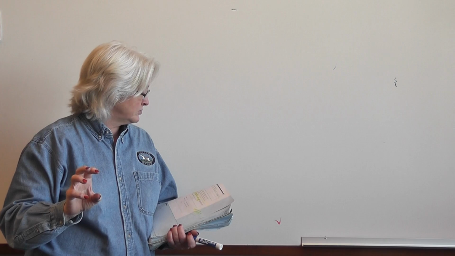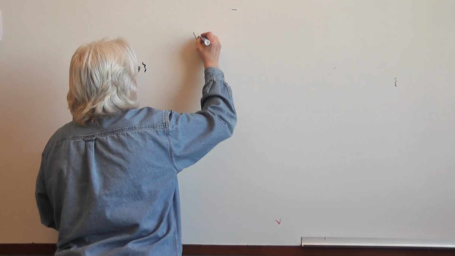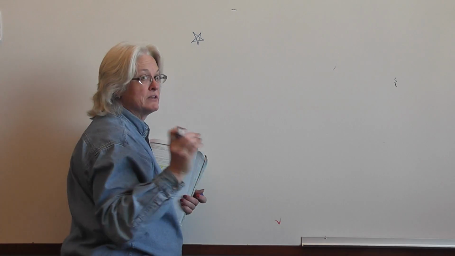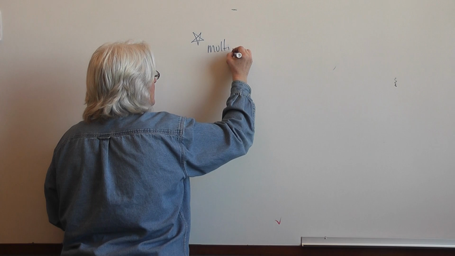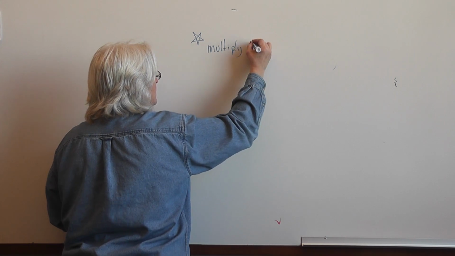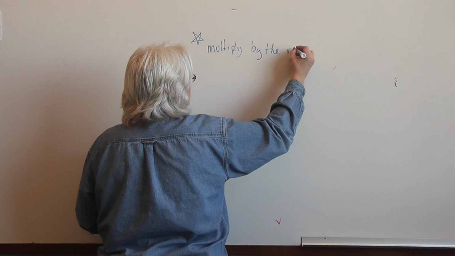Now they also want you to understand, and we're going to illustrate that here on page 221, that if you multiply by the reciprocal of a number, that's the same as dividing by a number. This is an important piece of information. Write this down. Multiply by the reciprocal.